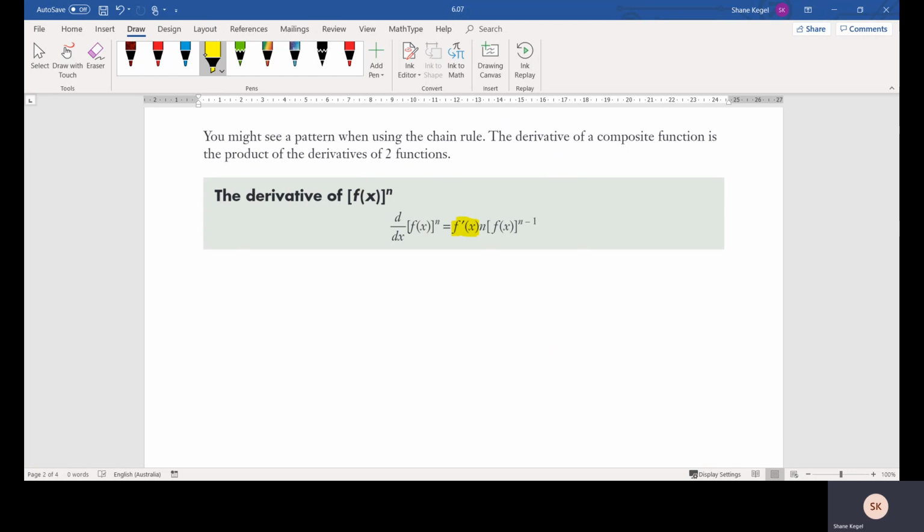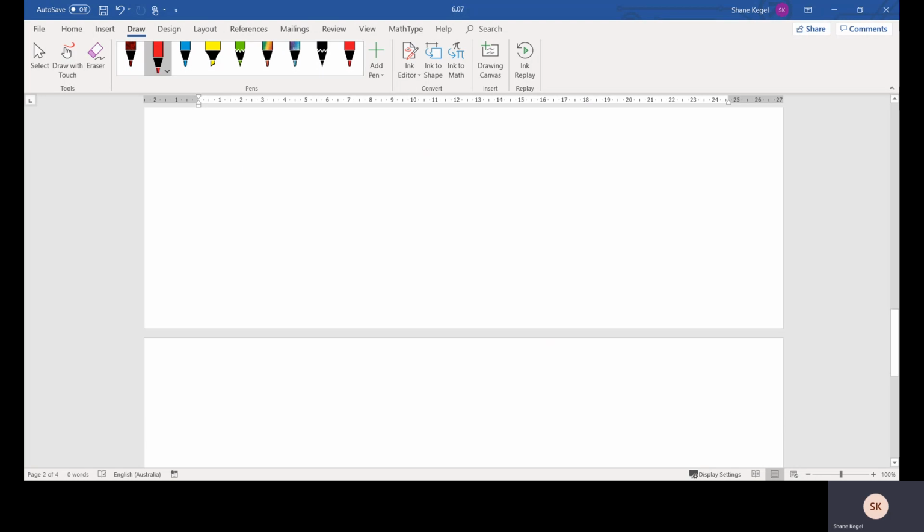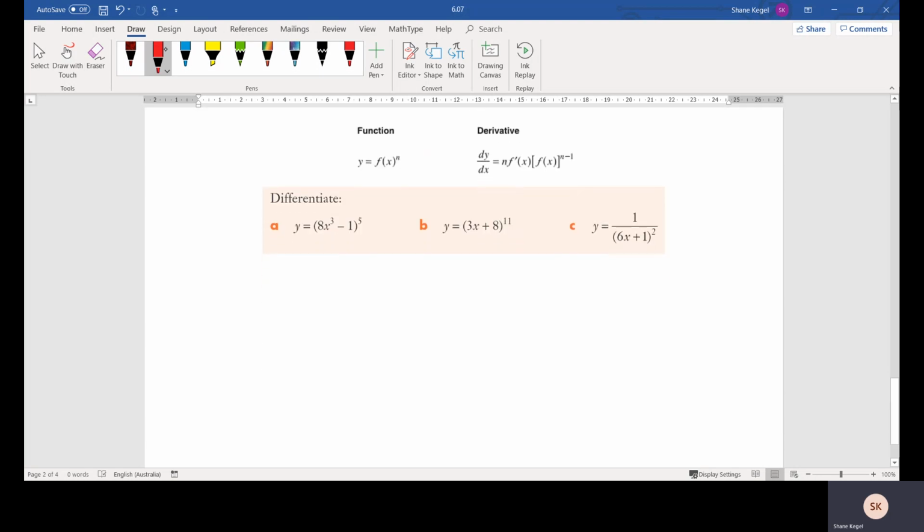So we bring our n out the front, leave our function in the middle, and take 1 from the power. That's just another way of writing it, not the dy dx version, which can often be quite complicated to understand. On your formula sheet, you are given this at the top. So make sure you're familiar where that's located, so if you're asked to find the derivative of a function on your test, you'll know where that is.